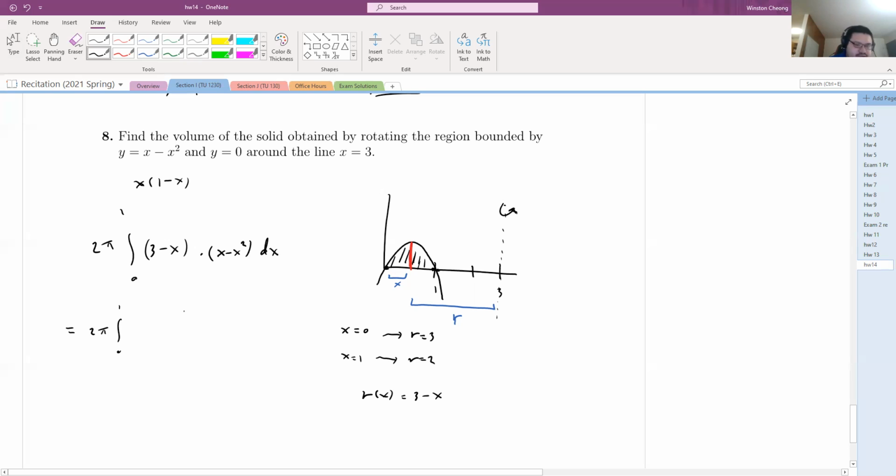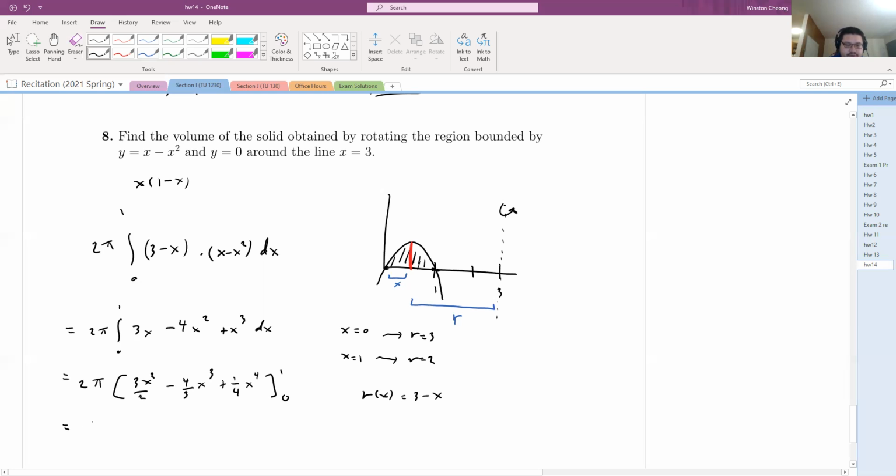So instead we expand this out, and if we do that and simplify, we'll get this polynomial. That is pretty straightforward to integrate: 3x squared over 2 minus 4/3 x cubed plus 1/4 x to the 4th. Then we evaluate this from 0 to 1.